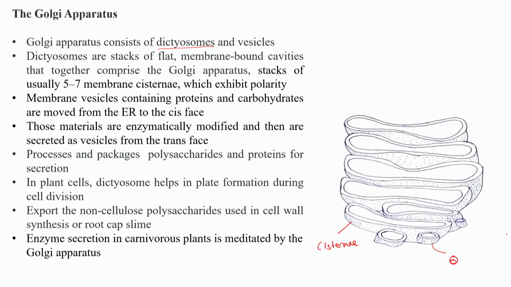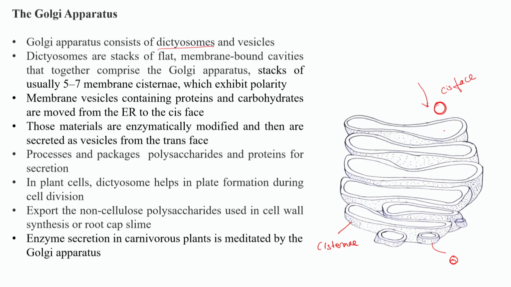Basically, it is similar to the endoplasmic reticulum, but you will not find connectivity between the cisternae; they are individual stacks. Now, this dictyosome exhibits polarity. The face receiving the incoming vesicles from the endoplasmic reticulum is the cis face.